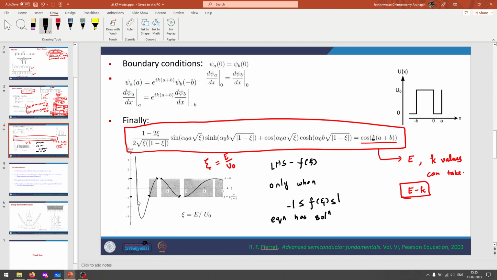As you can see, region 1 is here, region 2 is here. Let me change the color. Okay, too thick.